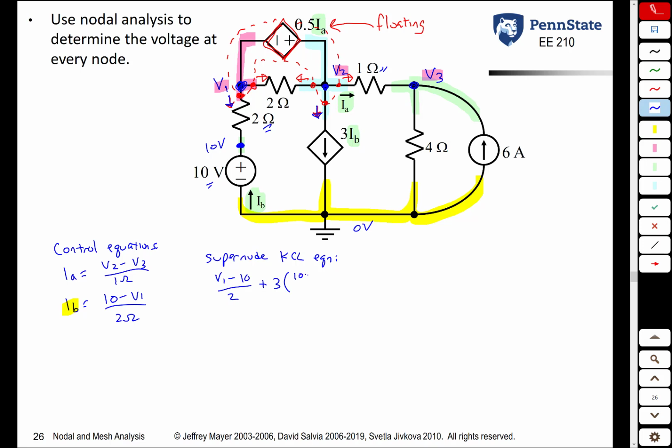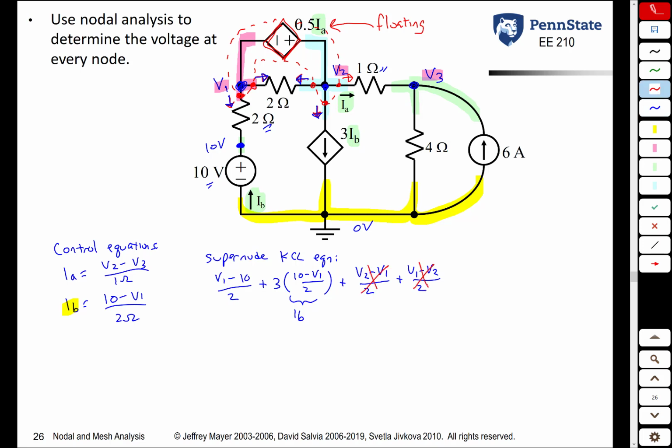IB is 10 minus V1 over 2. That is IB. This current is what? It's V2 minus V1 over 2. This current is what? It's V1 minus V2 over 2. And notice they cancel each other out.